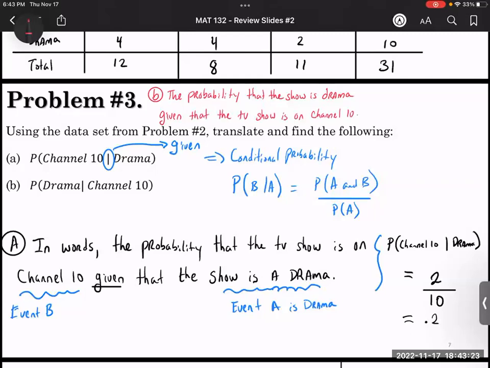Okay. So because it's now switched, I know that the drama becomes event B, whereas channel 10 becomes event A.